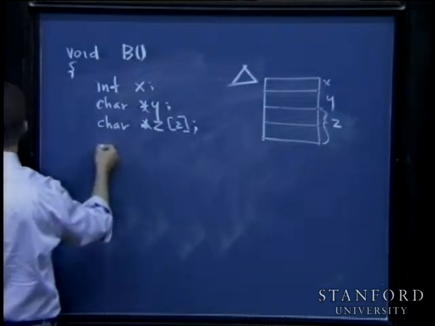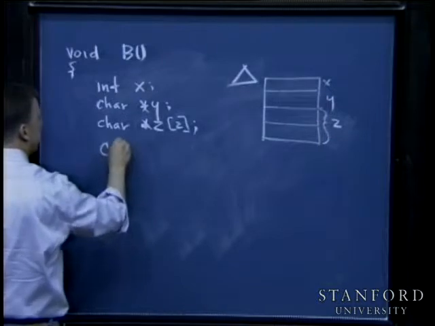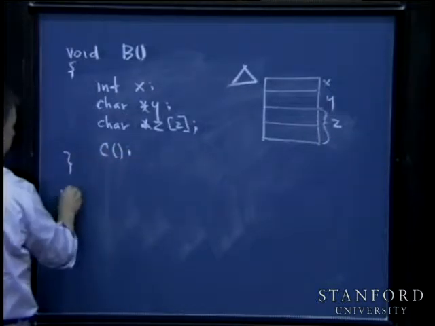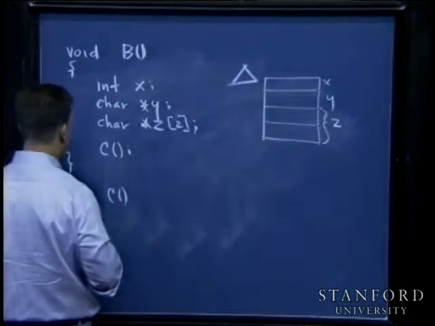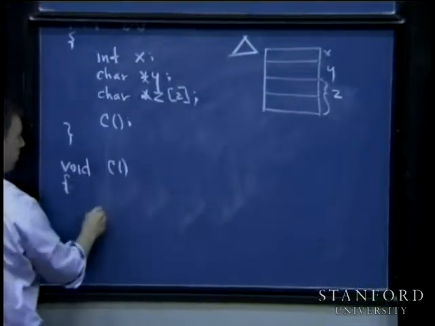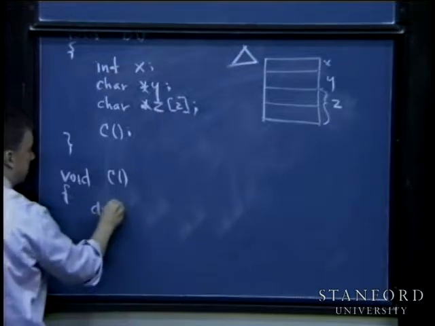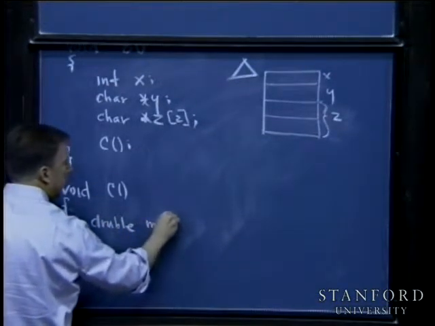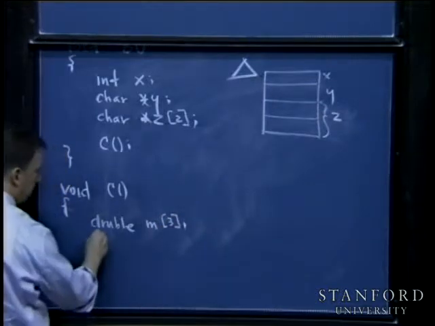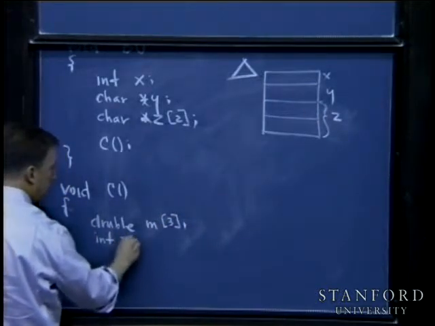And let's say that b actually calls c as well, and c has a very simple local variable set: a double array m of length 3, and a standalone int called n.